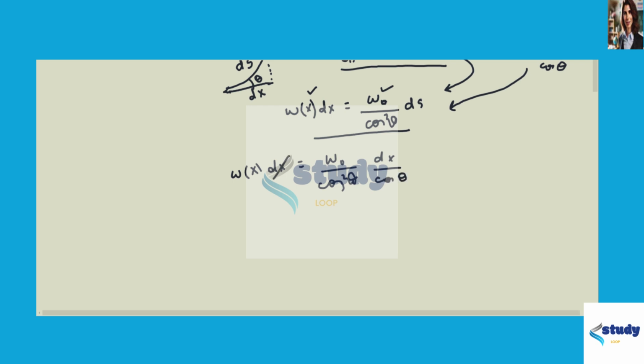So dx is cancelled. So this becomes wx equal to w naught over cos cube theta.